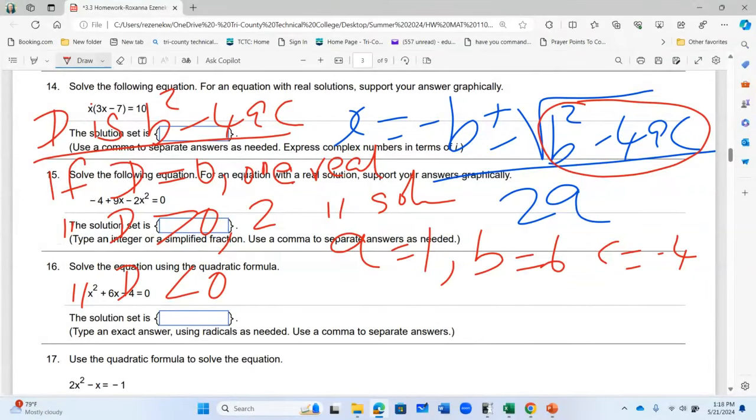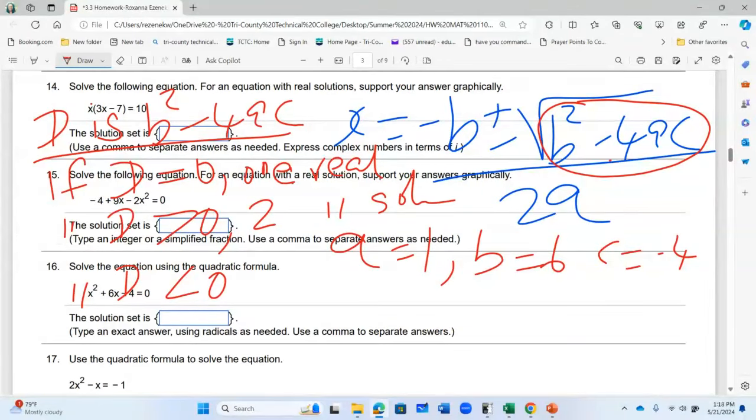Remember that D is the discriminant and it is the quantity inside the radical sign, the radicand. Anytime you simplify D and it is negative, less than 0, then your solutions are imaginary, and you have to find the imaginary solutions.